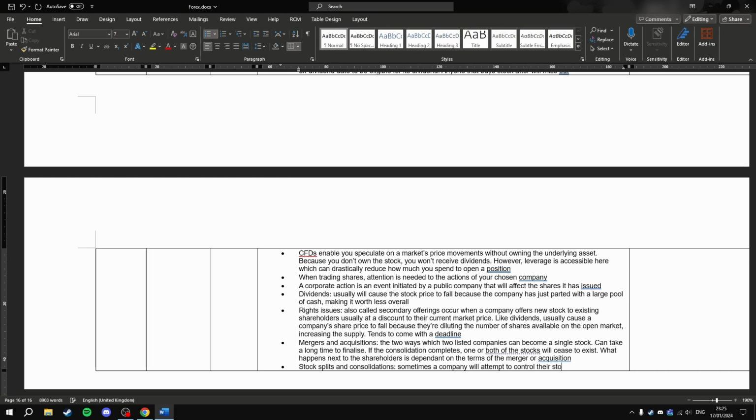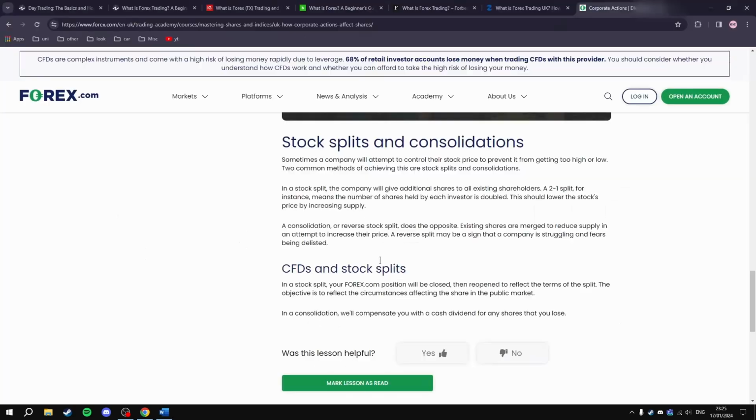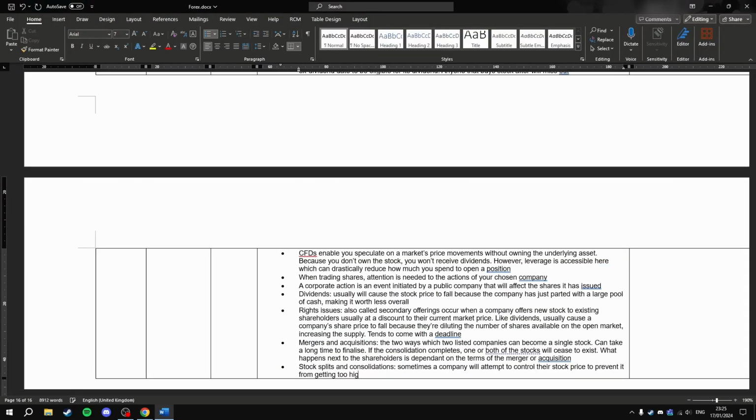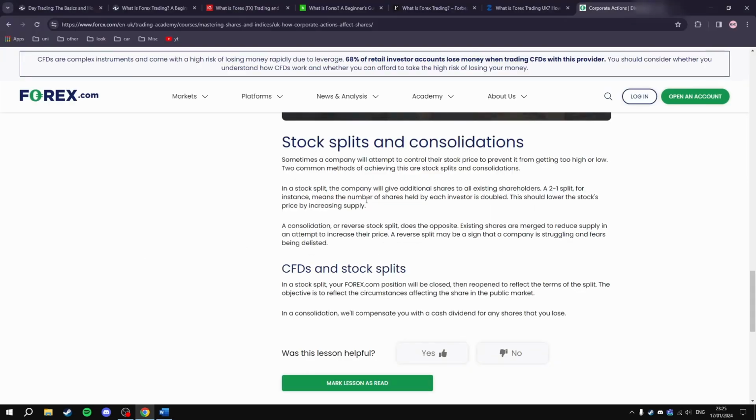Two common methods of achieving this are stock splits and consolidations.